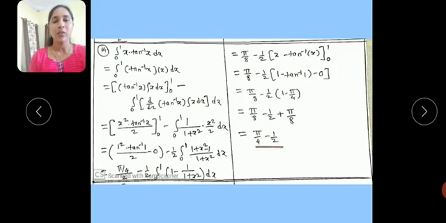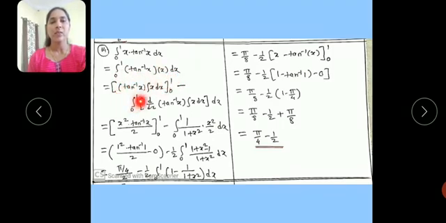Here also, using the u into v rule, we get the value of u is equal to tan inverse x, and the value of v is equal to x, by using the ILATE rule. This is equal to integration from 0 to 1 of tan inverse of x into x dx.